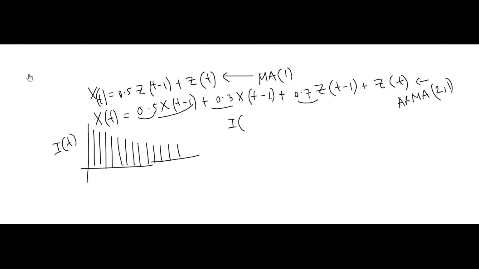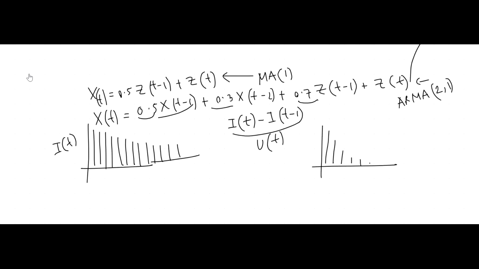This is a simple concept: if we take the differencing of IT for two consecutive days and create a new data series, suppose we call this new data UT, and look at the autocorrelation function or correlogram of this UT, you will perhaps now see that it decays very fast. So this notion is called differencing.